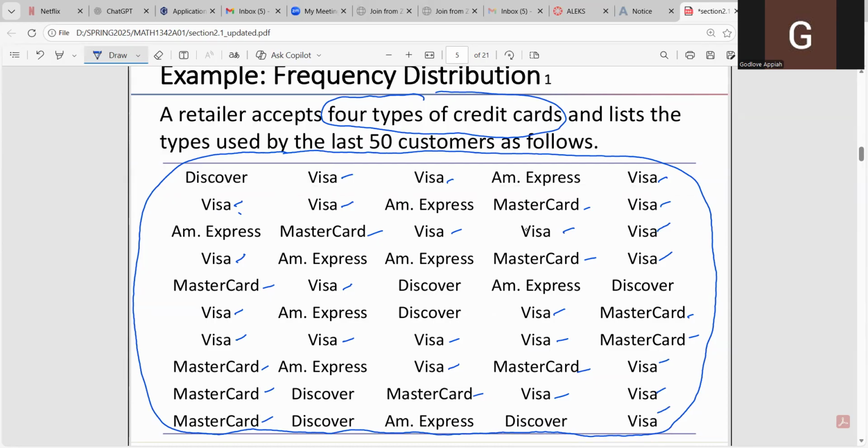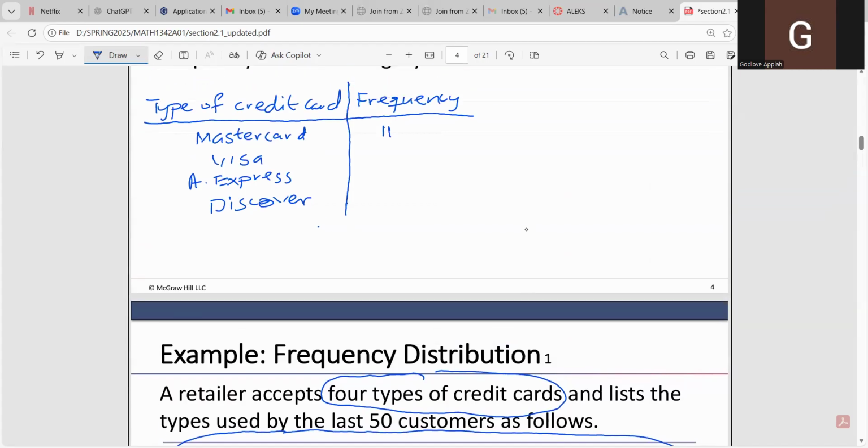So the frequency for this category is going to be 23 because there are 23 Visa cards in the data set. So I'm going to have here 23.